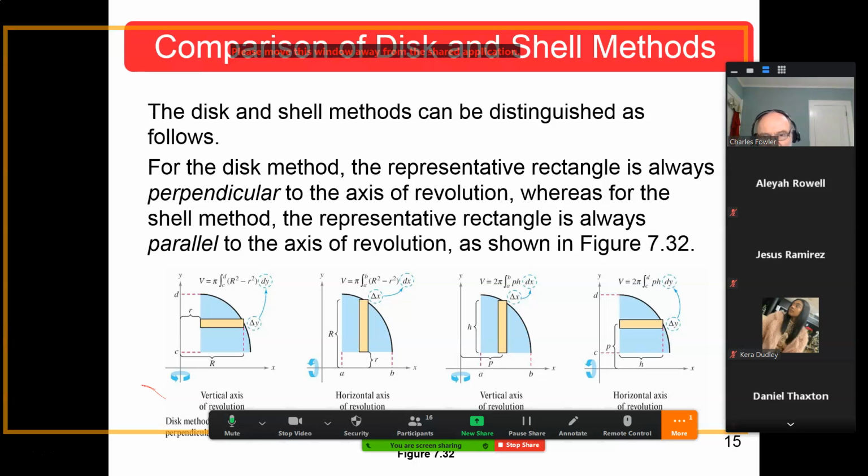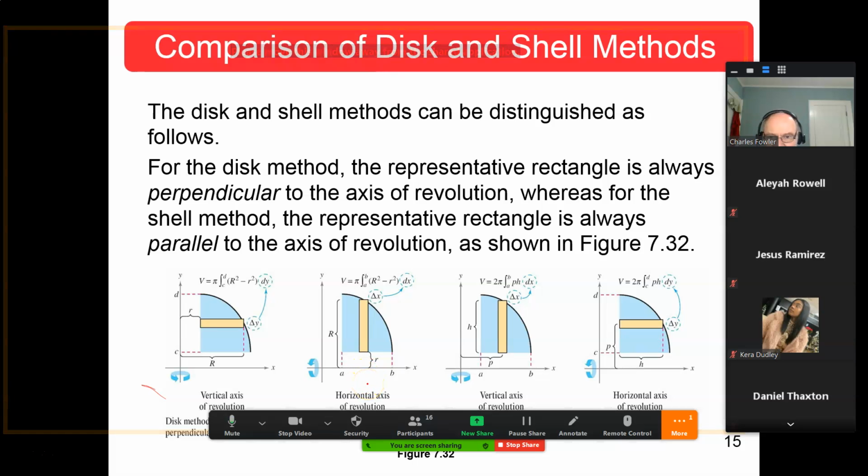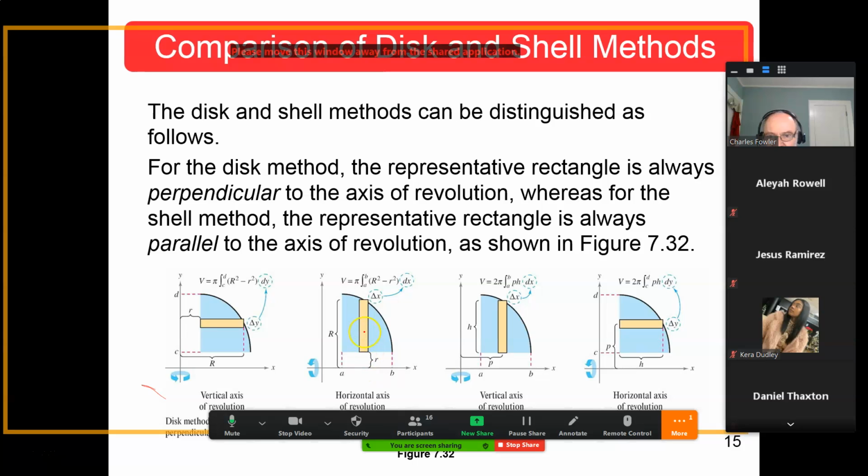If you have a horizontal axis of revolution, like this one, going around the x-axis, well then obviously your dx's are going around the x-axis. Okay. You have everything in terms of x.